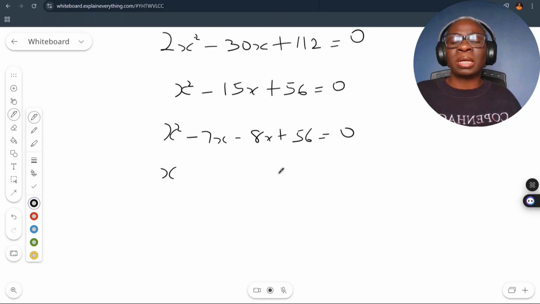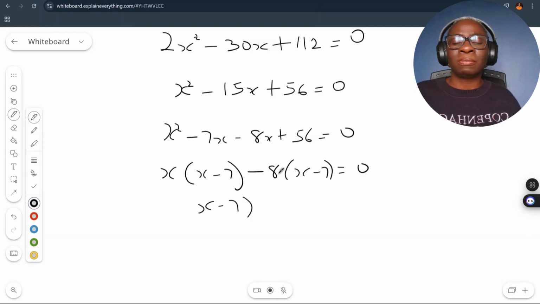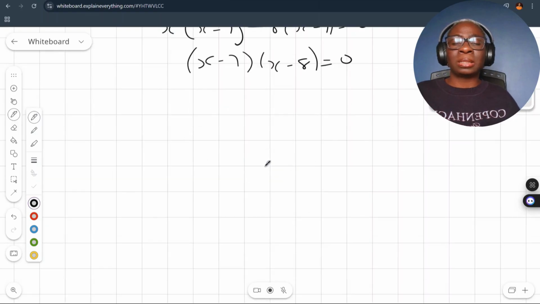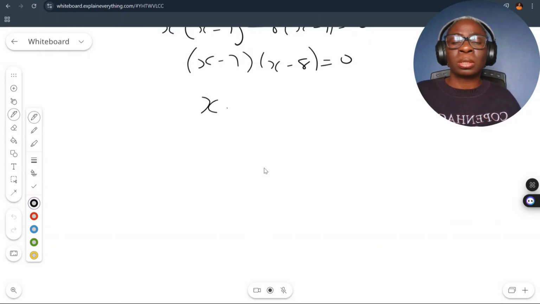Then we factorize x out of the bracket: x minus 7, then minus 8 (x minus 7) equals 0. So (x minus 7)(x minus 8) equals 0. So that means x will be equal to 7 or 8.